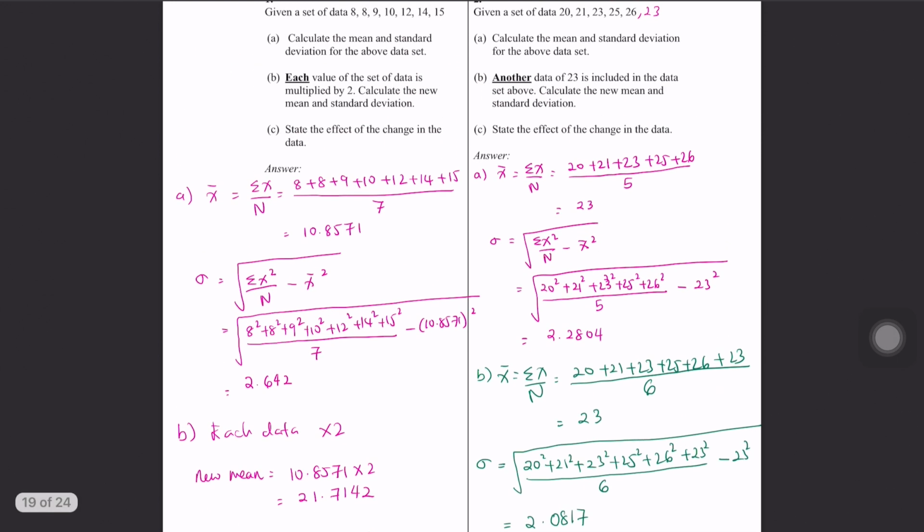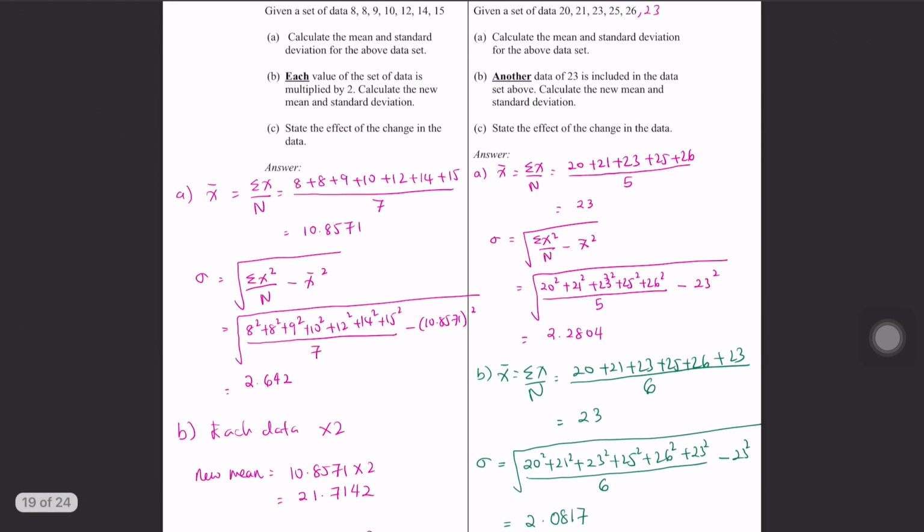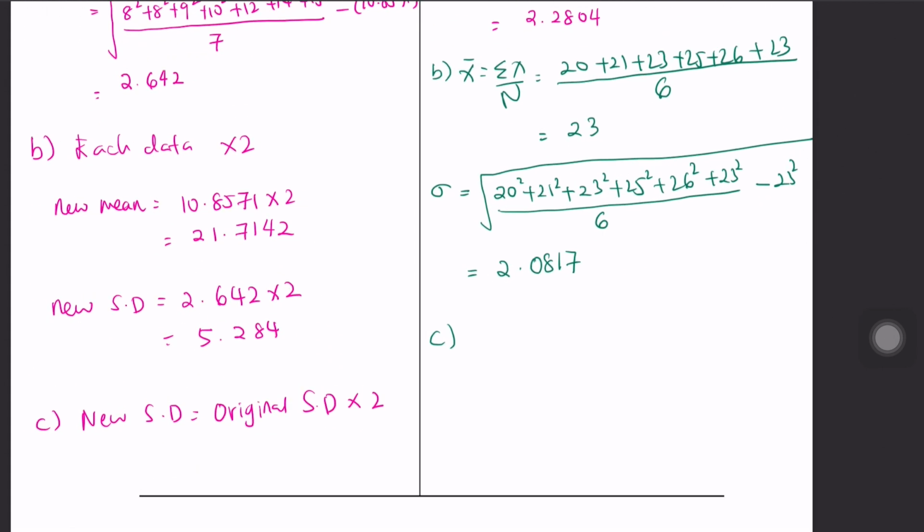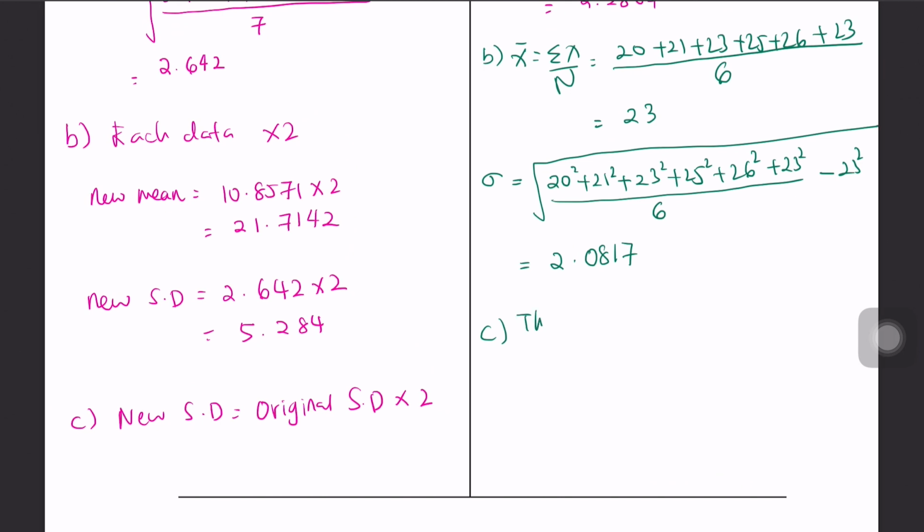Next, see, state the effect of the changes in the data. Apa perubahan yang ada. So we can say that the mean and new standard deviation values have changed.